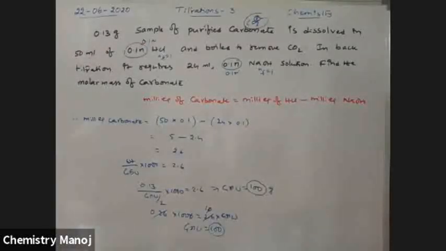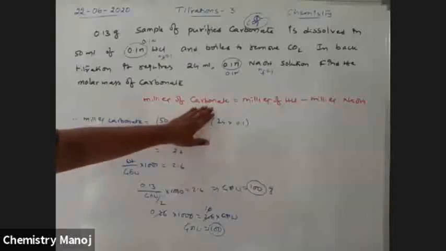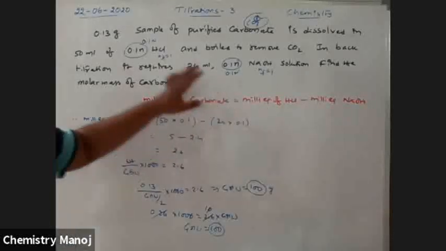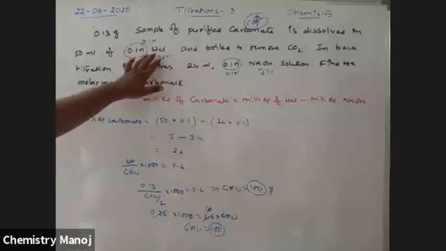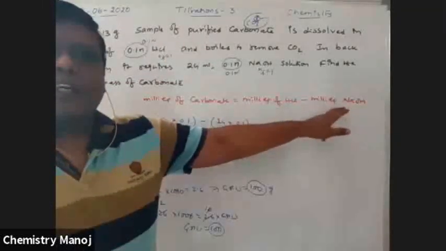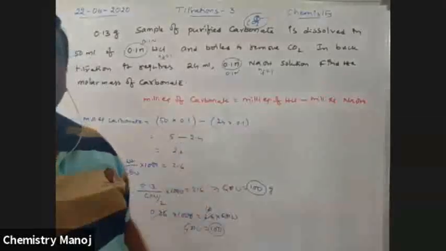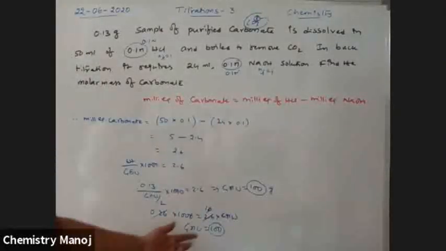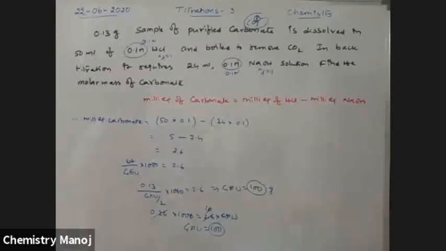So, did you understand, my dear boys? First of all, a chemical is treated with excess of HCl. How much excess is there is identified with this one. So that is subtracted, that gives the reacted one, and from the reacted one the gram molecular weight is calculated.